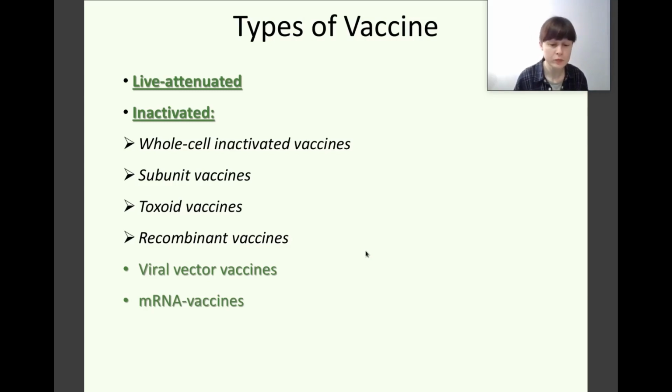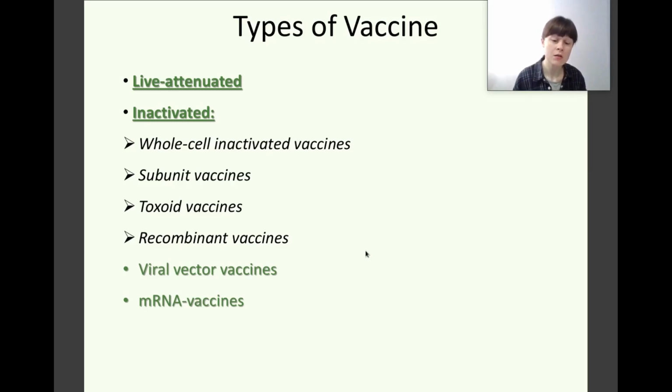One used nowadays is the hepatitis B vaccine. The vaccine antigen is hepatitis B virus protein produced by yeast cells, into which the genetic code for the viral protein has been inserted.